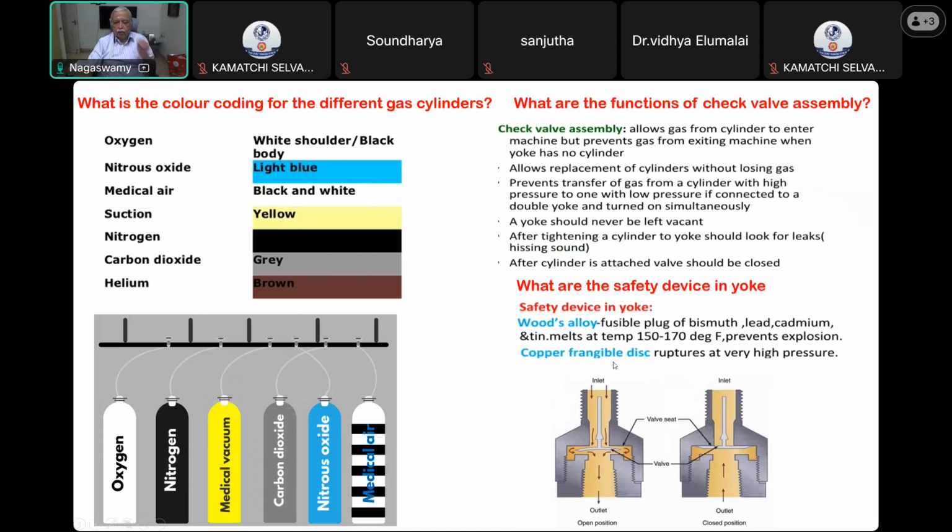Or it may be in the form of a copper frangible disc. These are names you have to remember. So remember Wood's alloy, because one examiner is very fond of asking about this material as a safety measure in the yoke assembly.